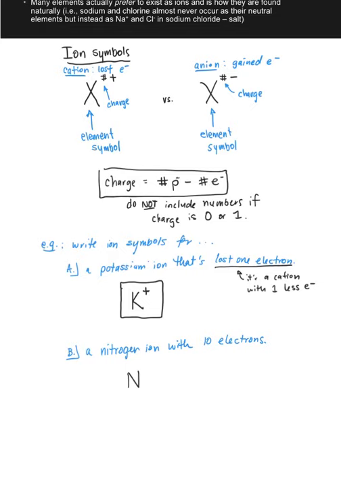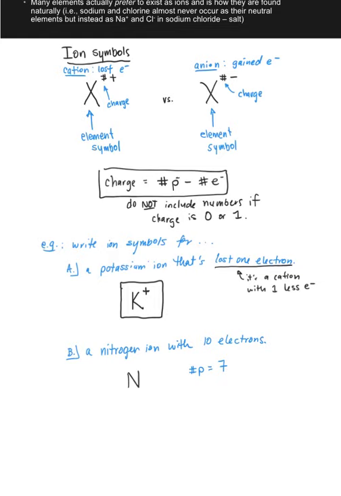Has it gained electrons or lost electrons to have a total of 10? To evaluate that, we need to look at the number of protons that nitrogen has, which is unchanging no matter what we do to electrons. The number of protons in nitrogen is 7, because nitrogen is atomic number 7.